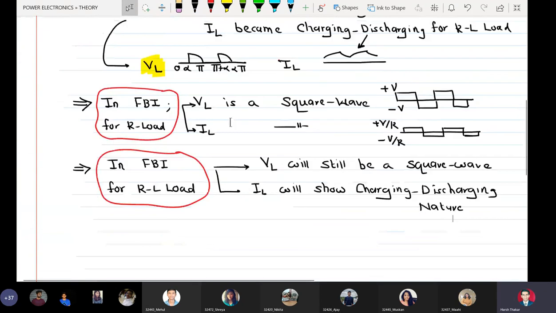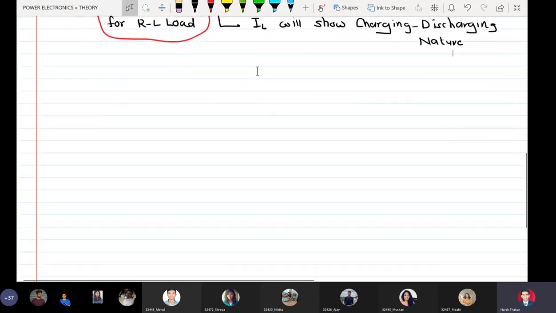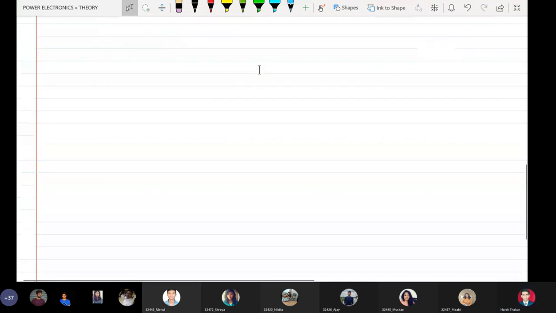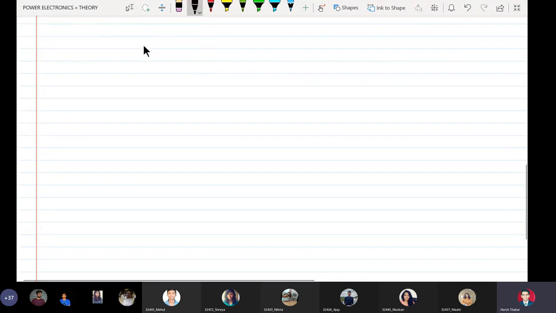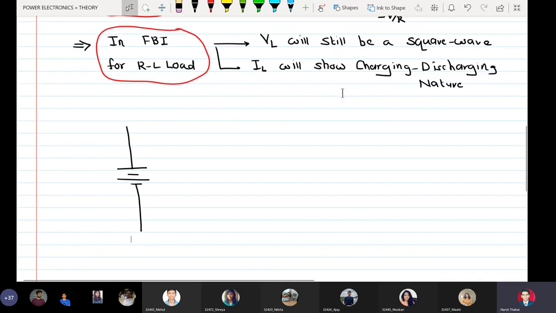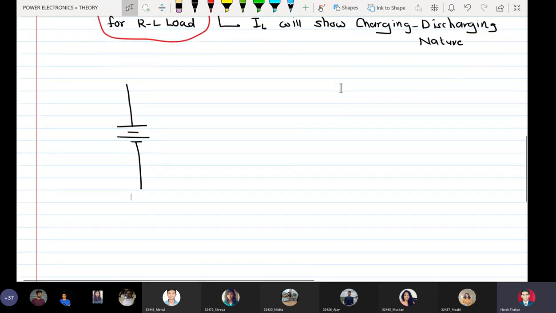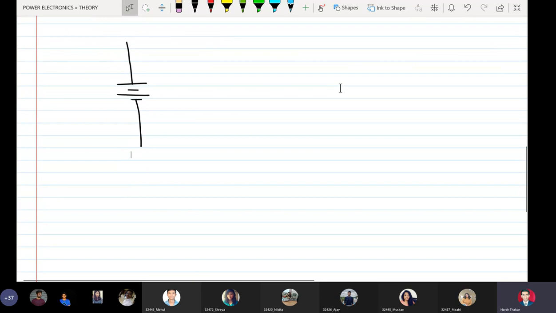Having written this theory, we can directly draw the circuit diagram and analysis. So it's a full bridge inverter. The circuit diagram has a small change in the sense that in parallel with every power BJT, we have to connect a diode. So 4 power BJTs, 4 diodes. Okay.